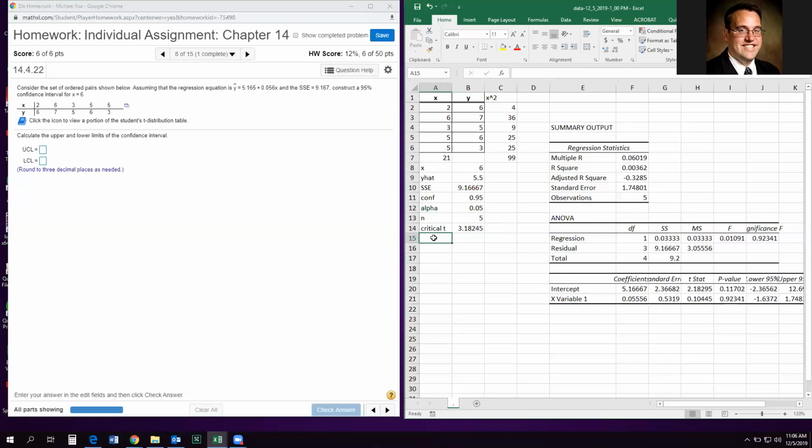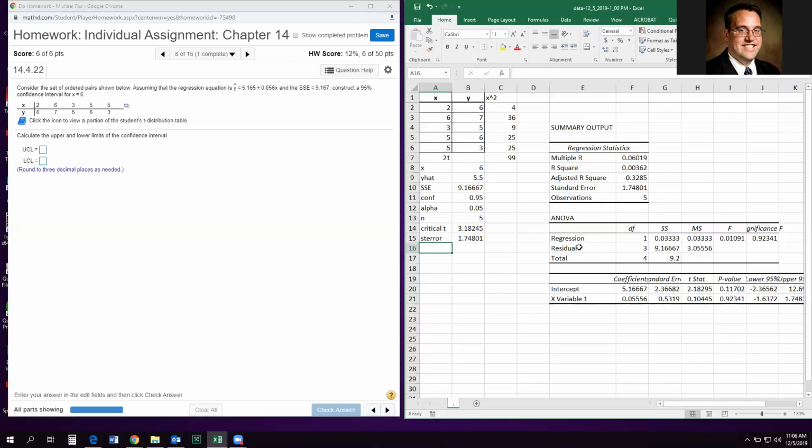I also know that my standard error is going to be given to us right here. So I didn't have to type that in. I could have just used it from there, but I just like to have everything together.